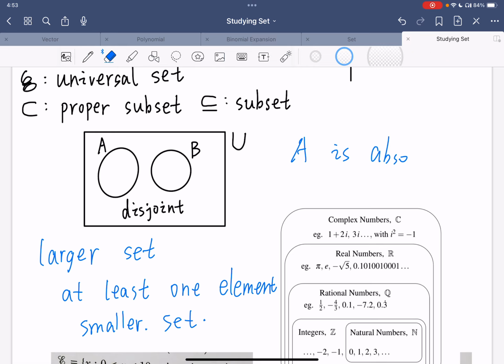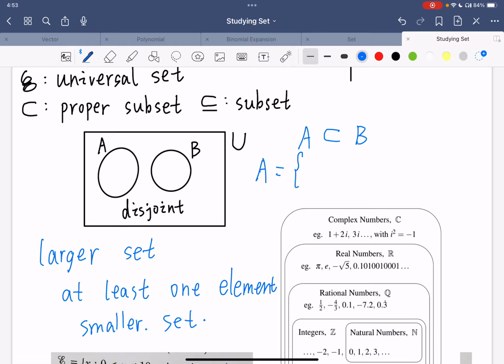What does this sentence mean? For example, A is a proper subset of B, right? And A equals 1, 2, 3. And B equals 1, 2, 3, 4.